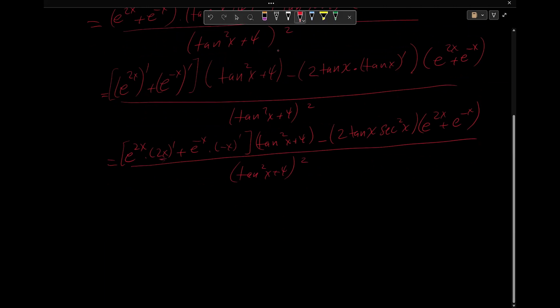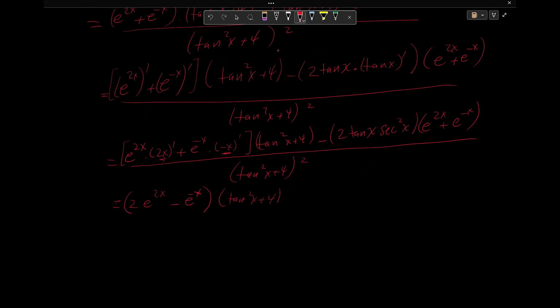So the derivative of this is 2, so you have 2 e to the 2x. The derivative of this is negative 1, times the tangent squared, minus 2 tangent secant squared, right, over this tangent.